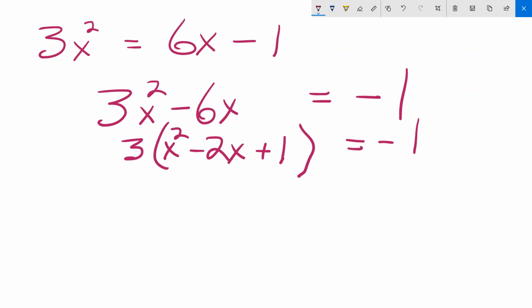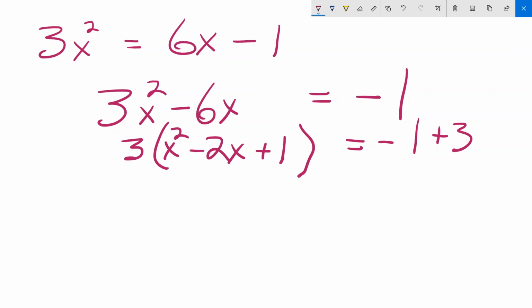And then on the other side, it would be plus 3. Right. And notice that's important because I need that right side to be positive. If that right side stays negative, I'm going to have a real problem when I go to take the square root of both sides. I'm going to end up with an imaginary number.